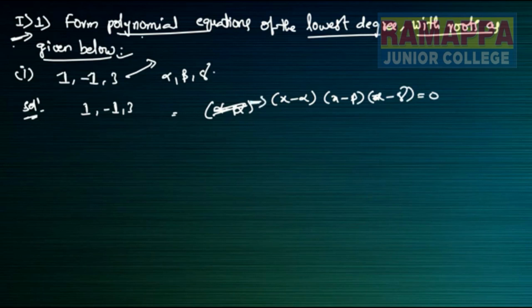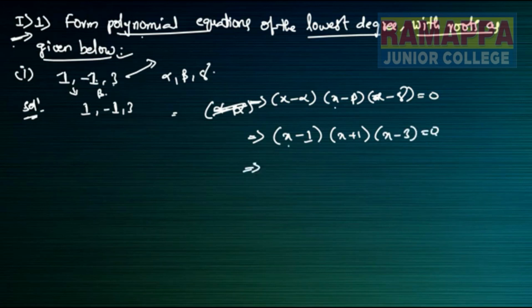In this we substitute the values. x minus alpha means x minus 1. x minus beta, where beta is minus 1, means x plus 1. x minus gamma, where gamma is 3, means x minus 3, equal to 0. So x minus 1 into x plus 1 is a minus b into a plus b, which becomes a square minus b square, so x square minus 1, into x minus 3, equal to 0.